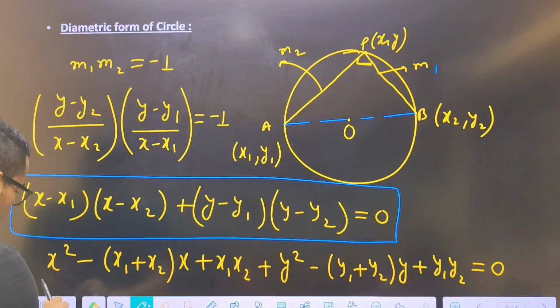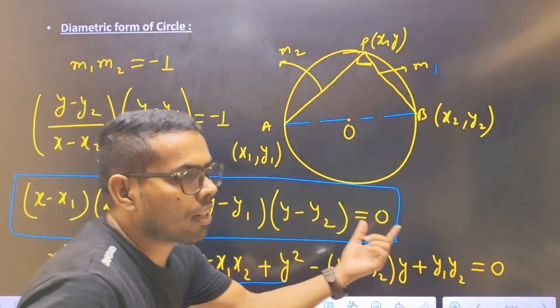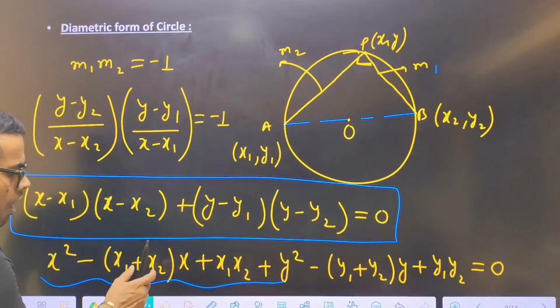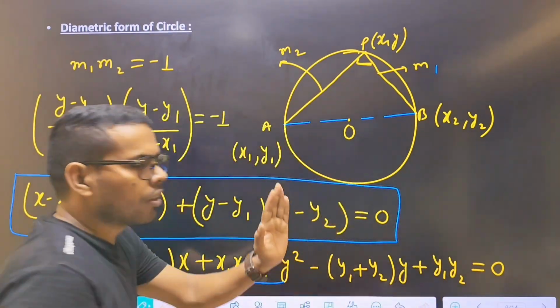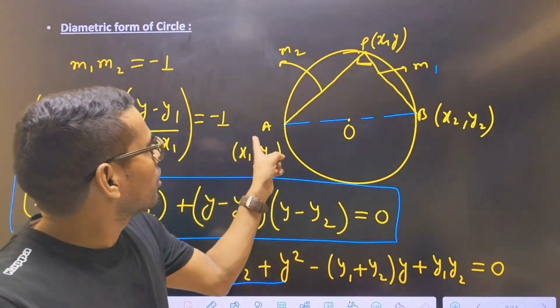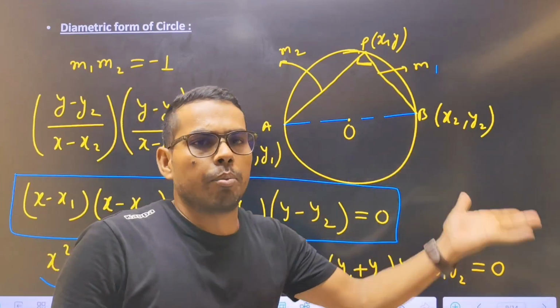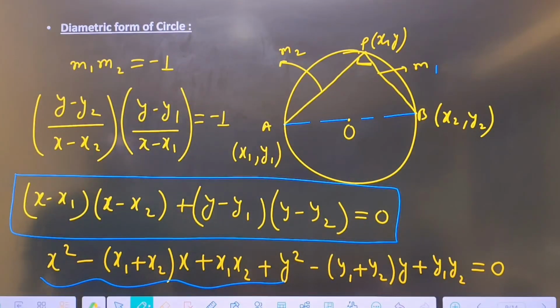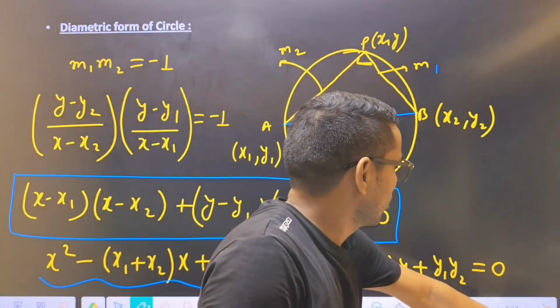Simply consider two quadratics, one in x and the other in y, where x1, x2 are the roots of the first quadratic and y1, y2 are the roots of the second. x1, x2 are the abscissae of A and B, and y1, y2 are the ordinates. I hope you got the concept of the diametric form of a circle.